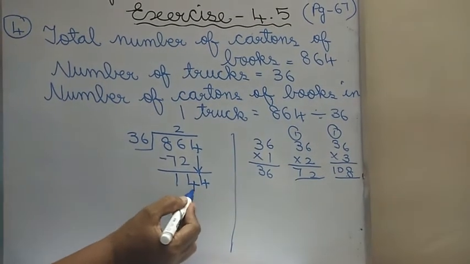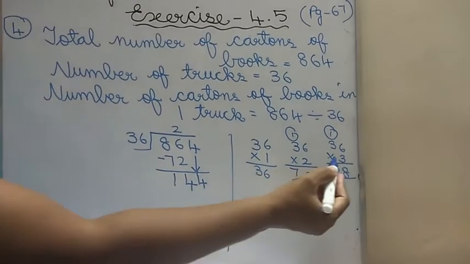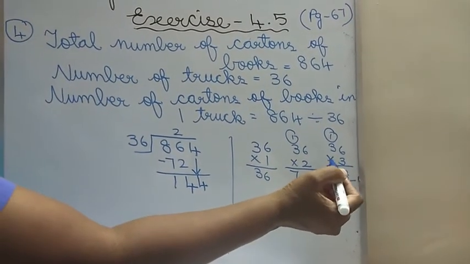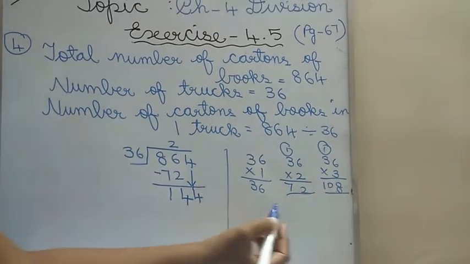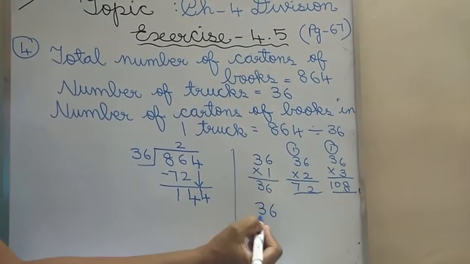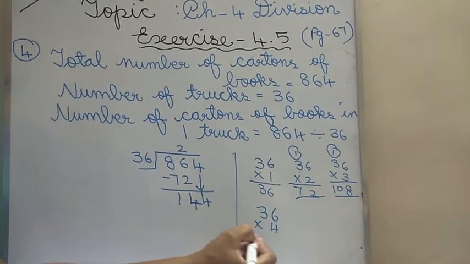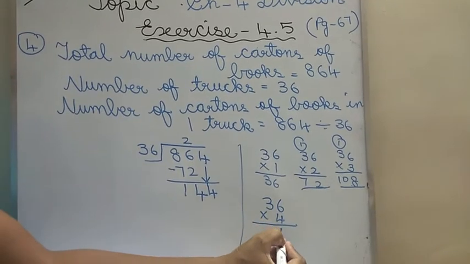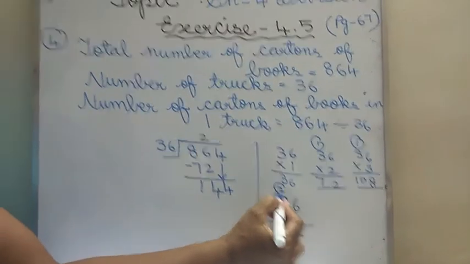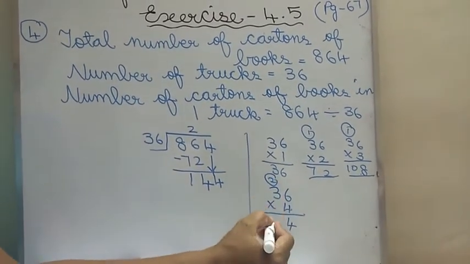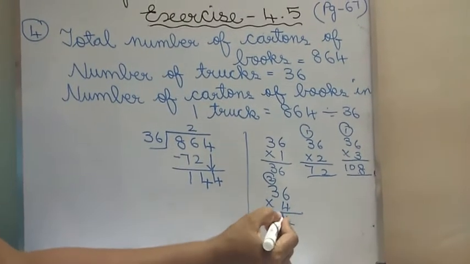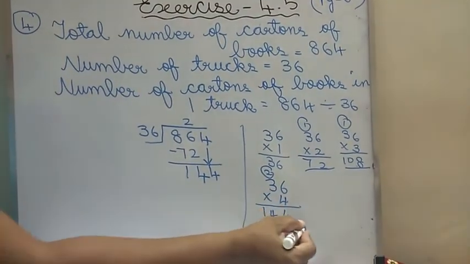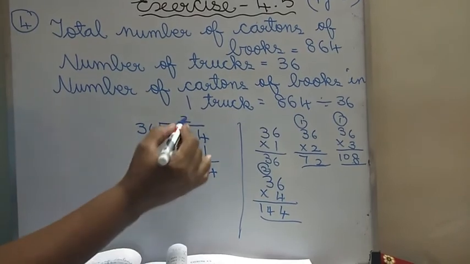So it becomes 144. We have multiplied only up to 3. So 36 into 4. 4 6s are 24. 4 3s are 12. 12 plus 2, 14. Okay, 144. See, here also 144.